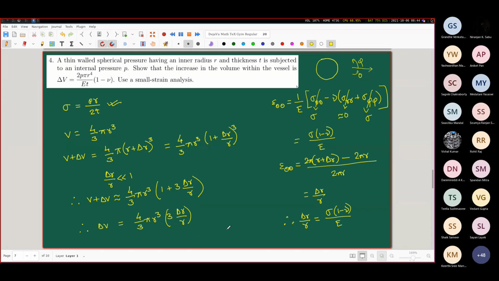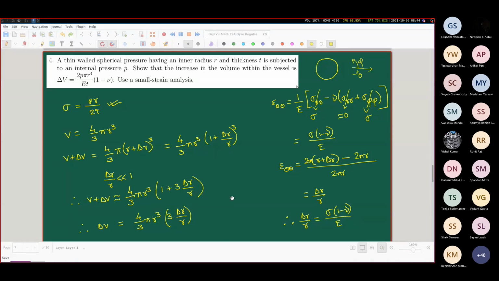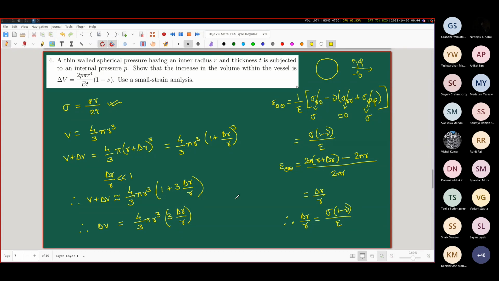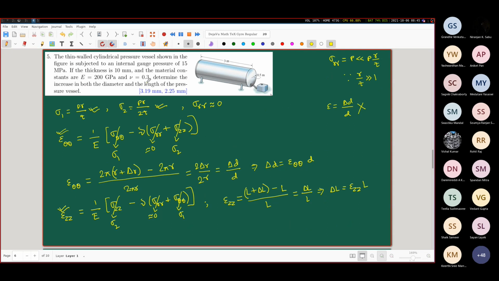Hello. Yes, sir. Can you just explain why sigma RR was 0? If sigma theta theta and sigma phi phi exist, why not sigma R? So the argument is like this: you actually calculate the real values of PR by T. Put the actual value of R here.